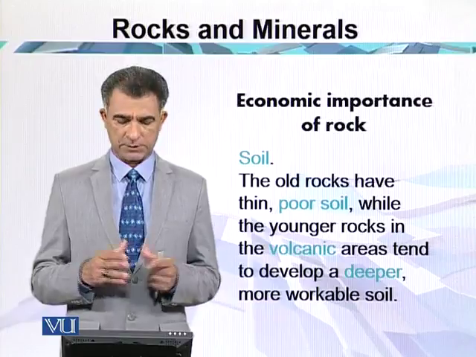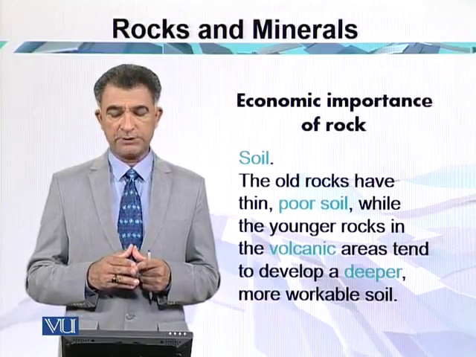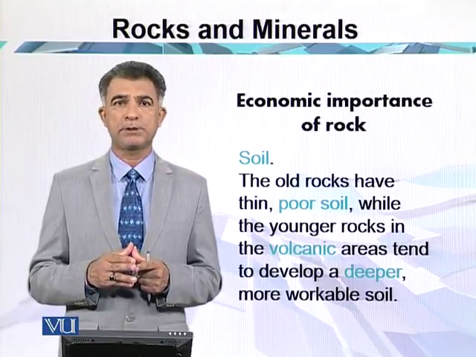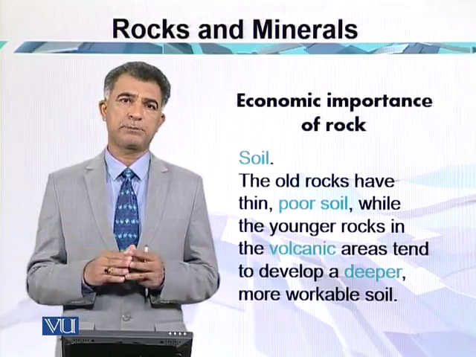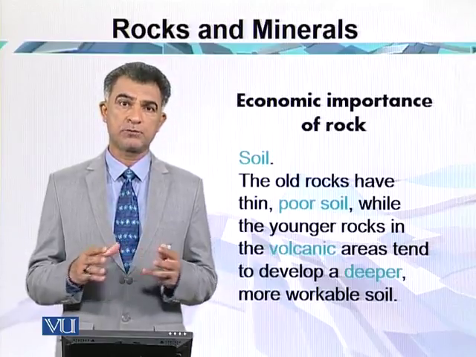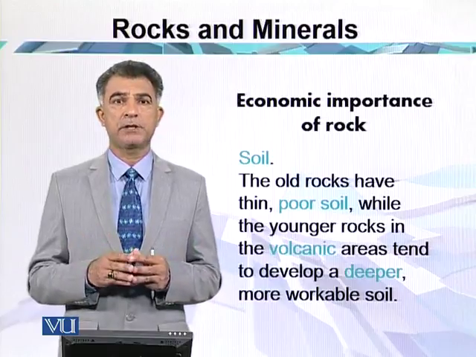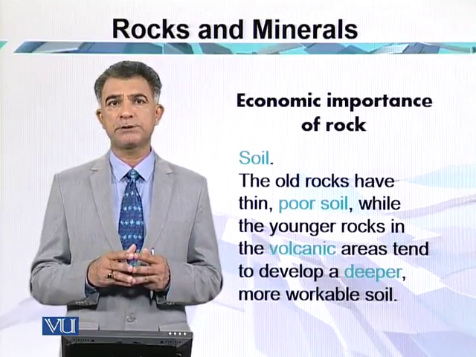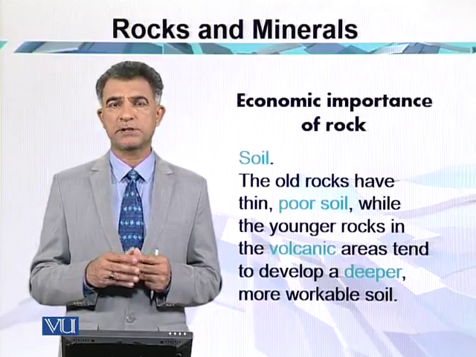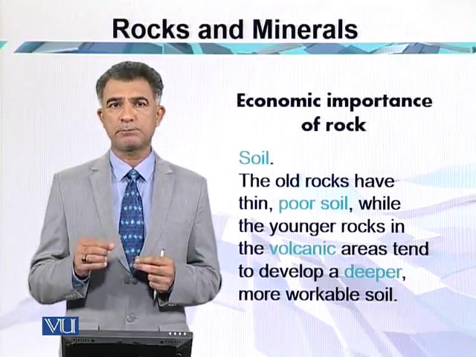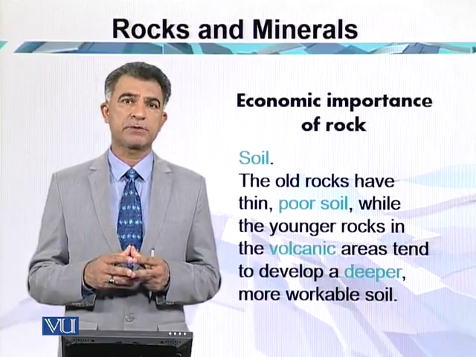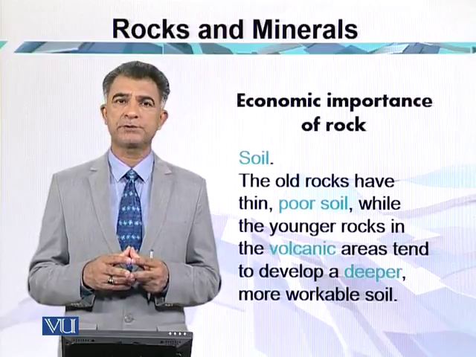But the soil which is covered with younger rock, like volcanic eruption, where a layer was deposited, that type of soil is good for the agricultural economy. Like in the South Asian region, an example exists, which we call the Deccan Plateau. That Deccan Plateau was formed by eruption, and today that plateau is useful for the cultivation of wheat.